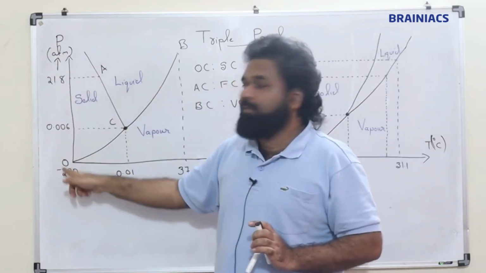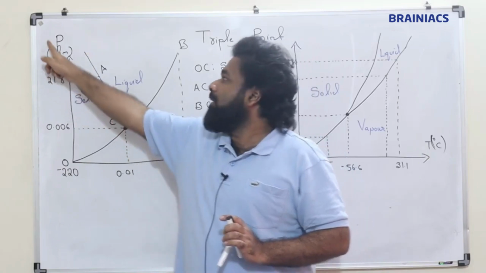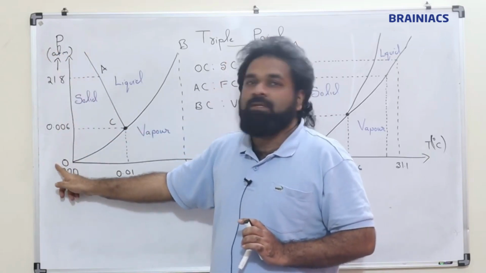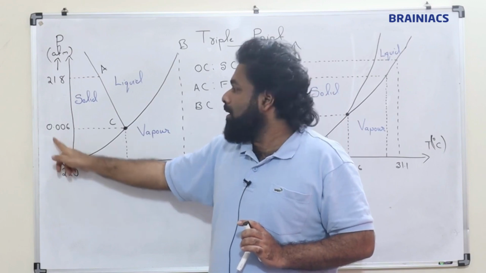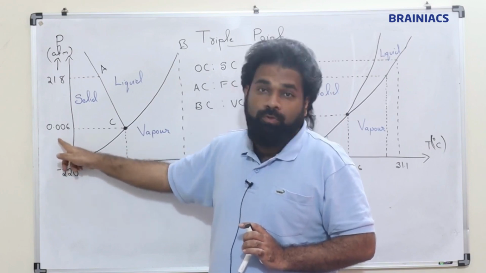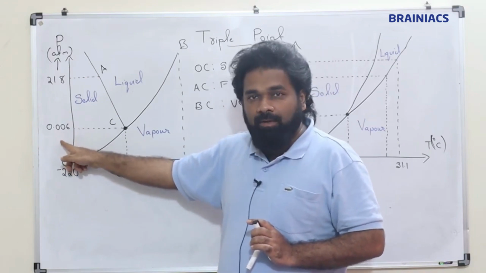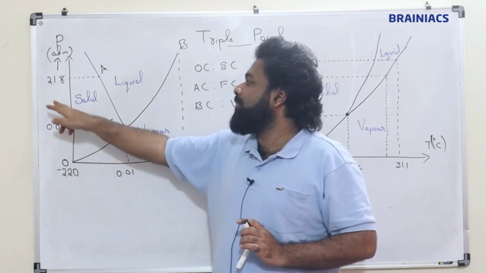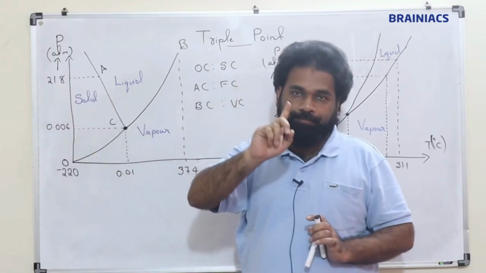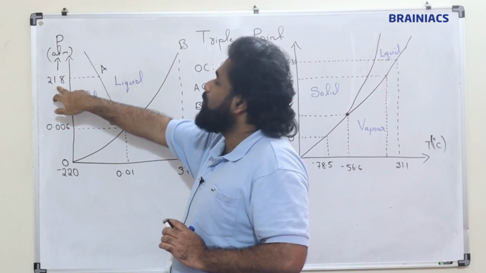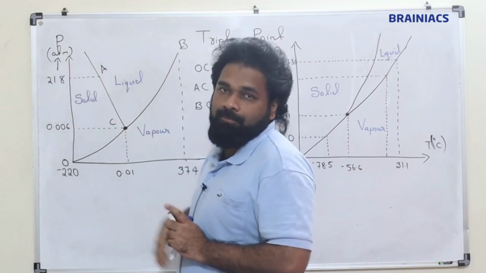This is at 0 pressure, this is 0.006, which is much lesser than atmospheric pressure. Atmospheric pressure is how much? 1 atmosphere. Then what about this? This is very high pressure, 218 atmospheres.